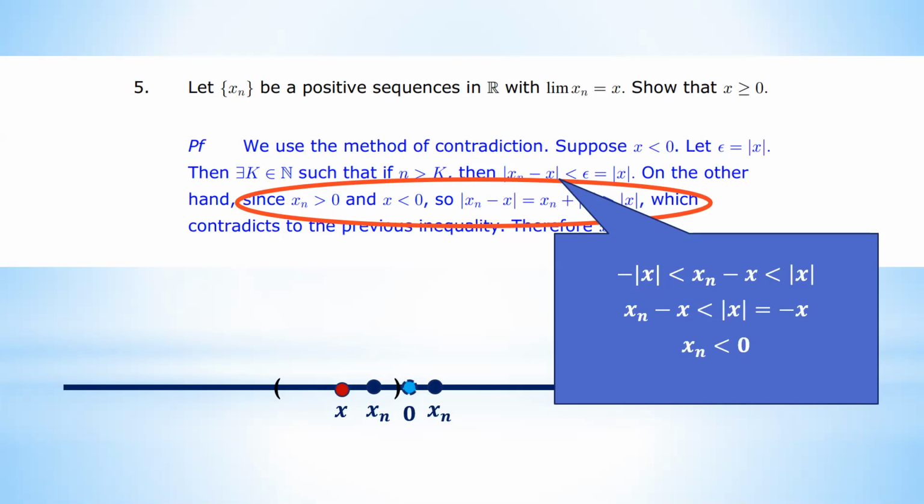You'll get xn less than 0. So this will also give a contradiction, because this inequality contradicts the assumption. The assumption says that xn is greater than 0, and now you're getting xn is less than 0. Obviously, it's a contradiction. So you can use this way to present the contradiction.